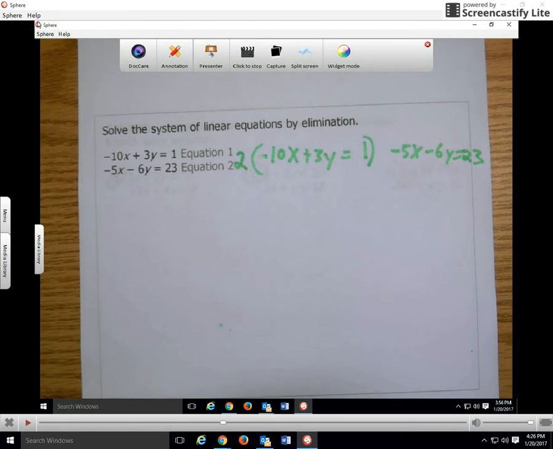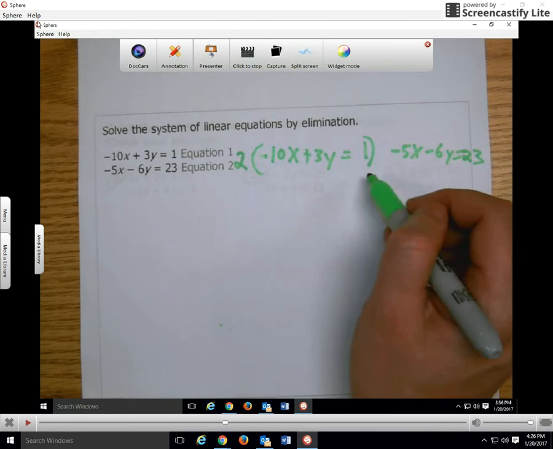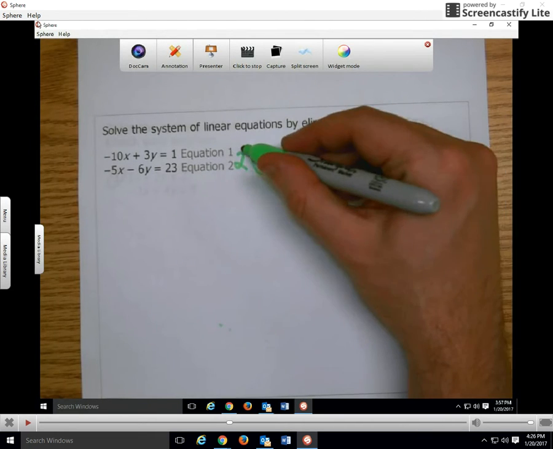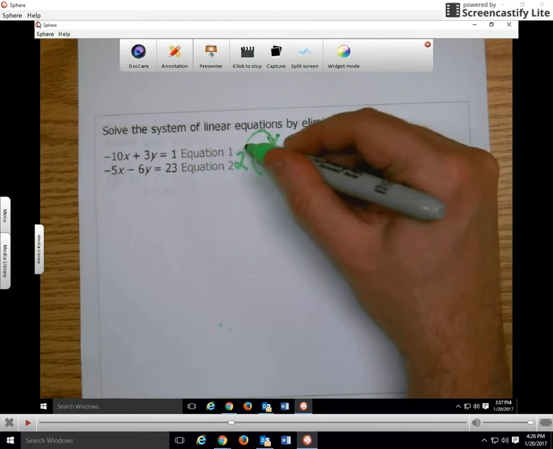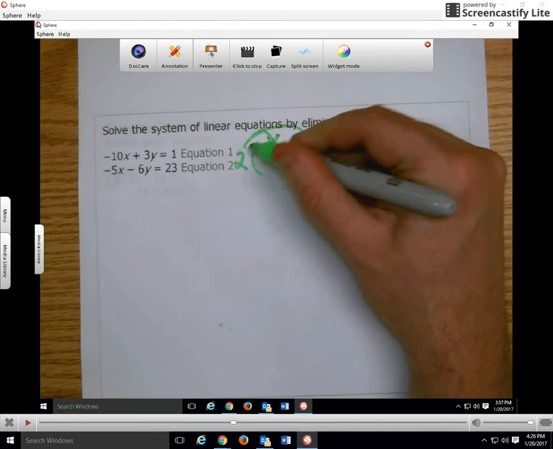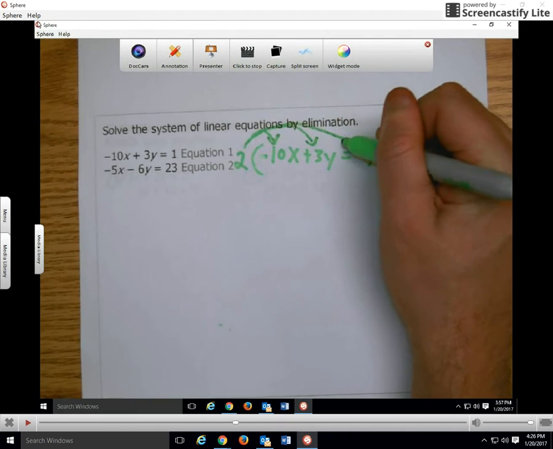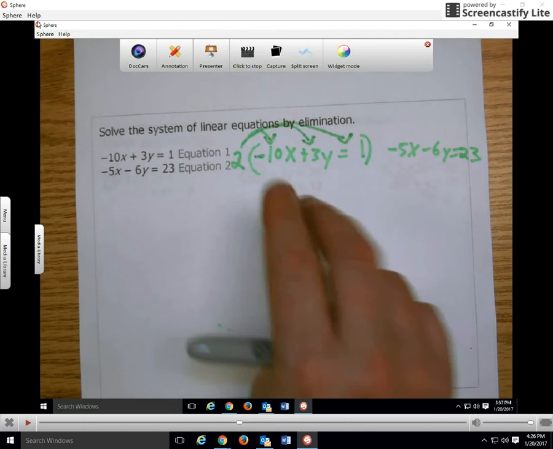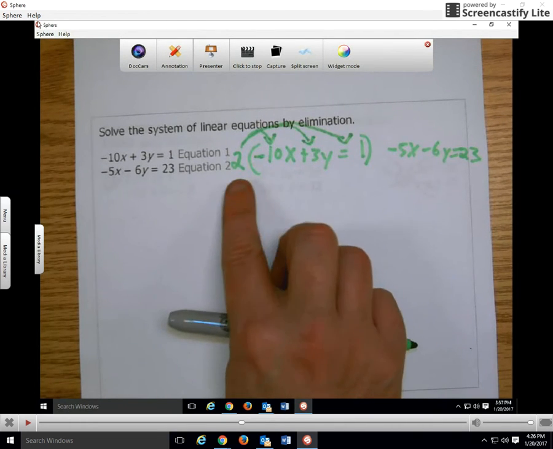However, I can't just do one term. You have to do the whole thing. So we multiply this whole equation, each term, by 2. We're often used to changing one term. We're not usually used to changing everything.